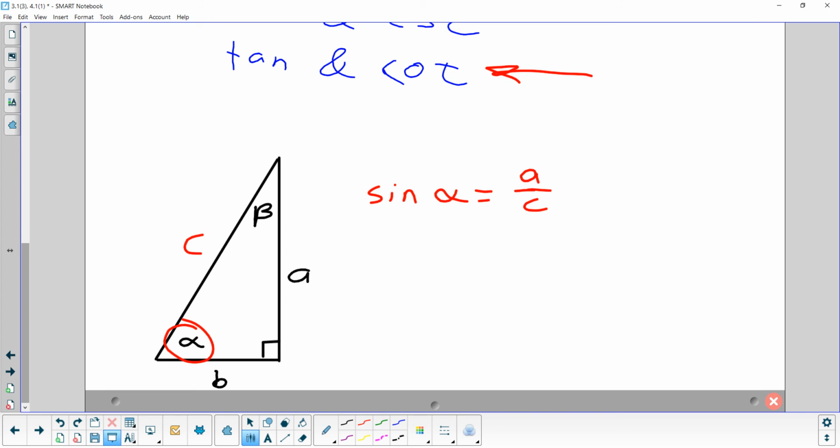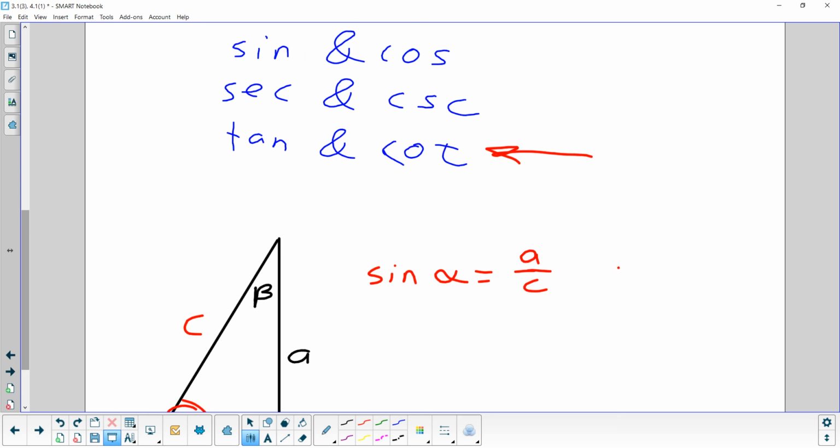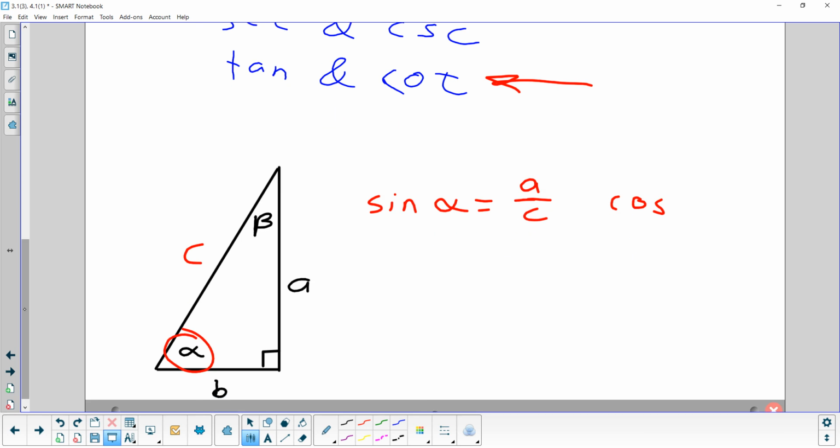Now, what function is paired with sine when you do cofunctions? James? The cosine. Okay, so let's try that. Cosine. And what angle is complementary to alpha in that triangle? Beta. So we just did 2 things: I asked for the cofunction, and I asked for the angle that was complementary.